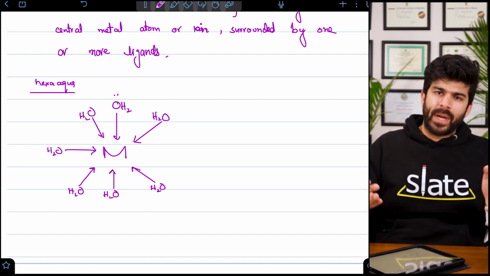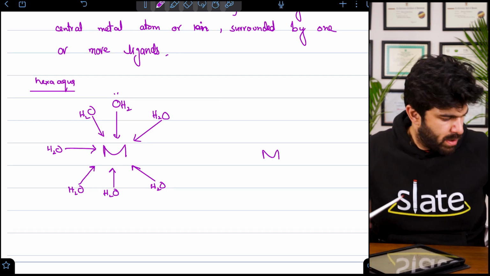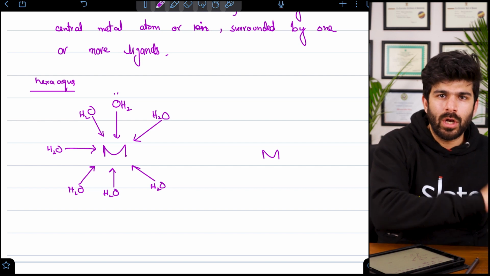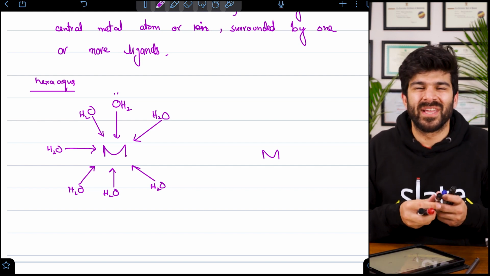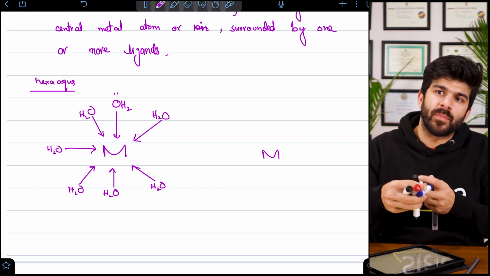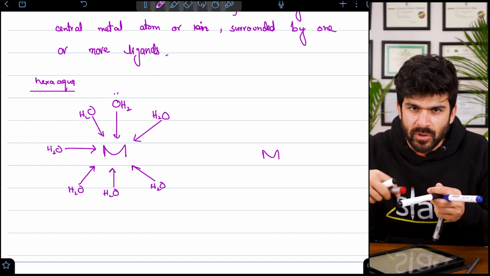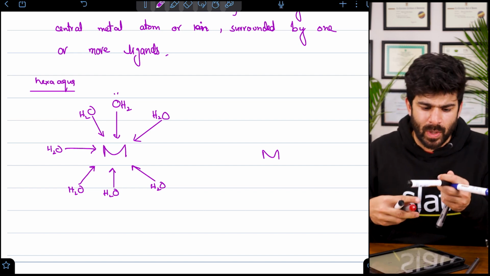Now, what is a better way to draw it? Students, let's recall how the shape can look. It's making 6 bonds. You need to recall your concepts from AS, chemical bonding, and the shapes of molecules are going to be a part of this chapter as well.